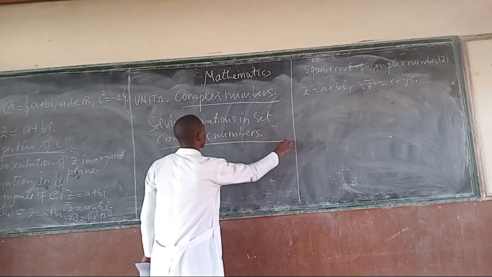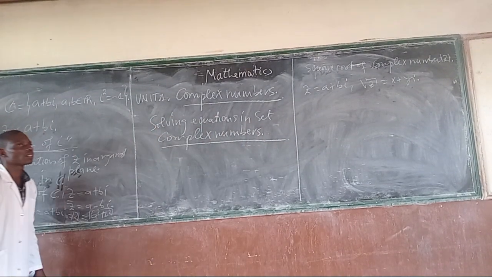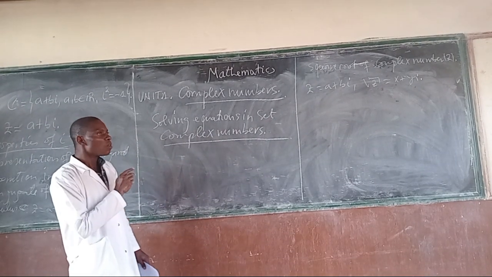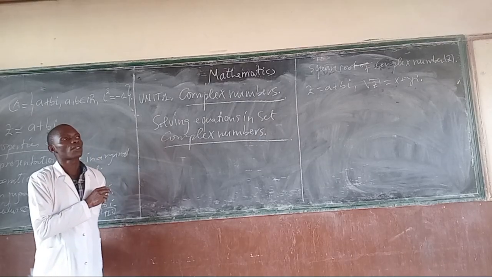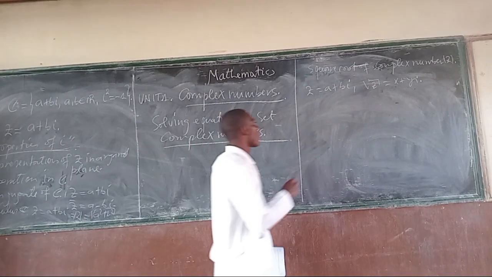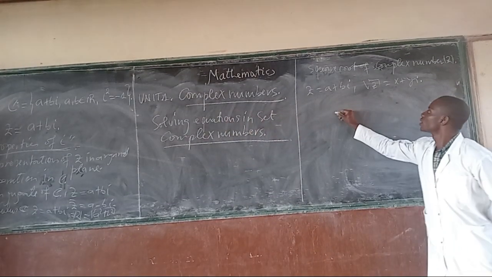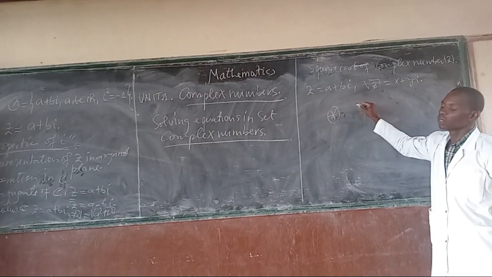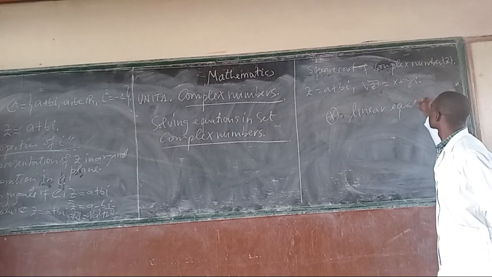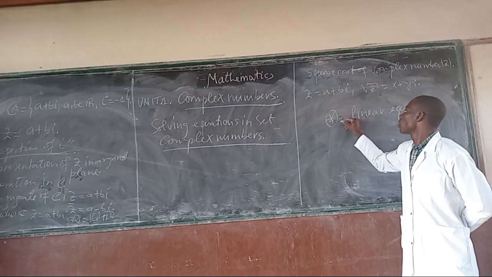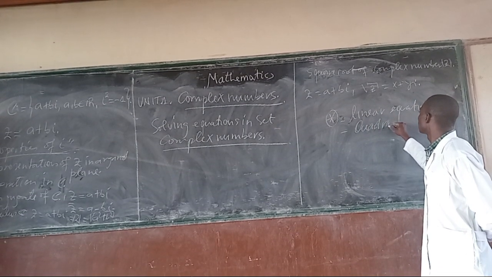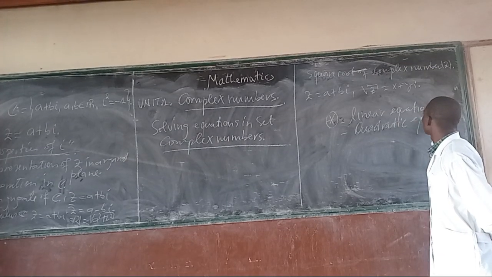To solve those equations in a set of complex numbers, we solve around two types of equations. As we solve in the set of all real numbers, we use it to solve a linear equation. We also solve quadratic equations. I hope you remember quadratic equations.